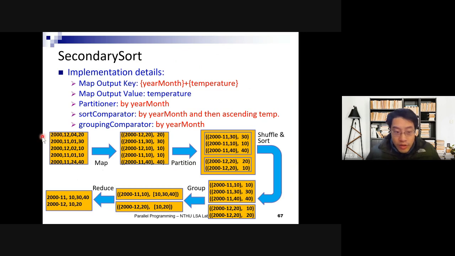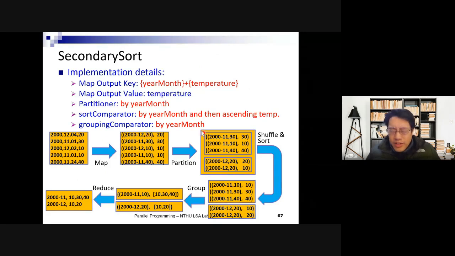When we read any record, the mapper will convert it to a composition key, as shown over here. Not only do we have the month and the year, we also have the temperature as a part of the key. So this is a composition key. The value is still just the temperature, but we use the mapper to generate the composition key.